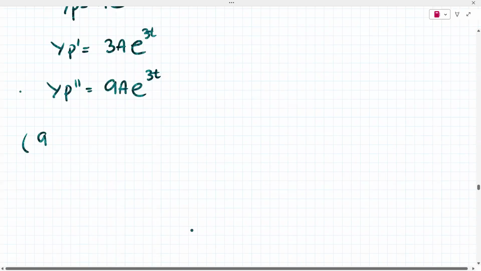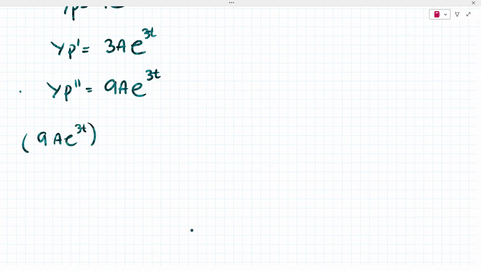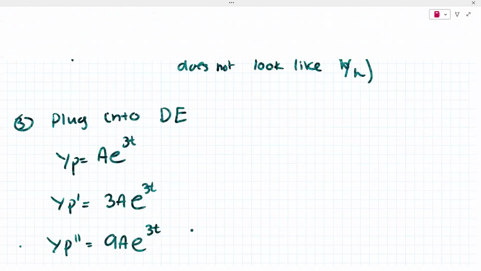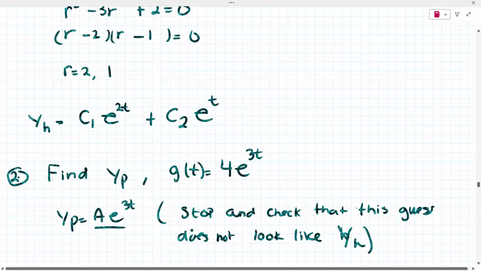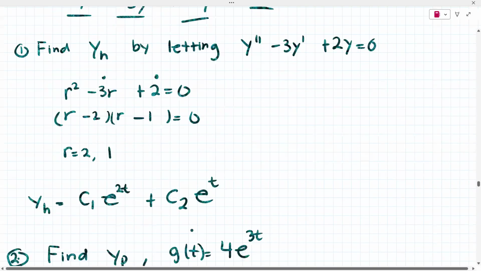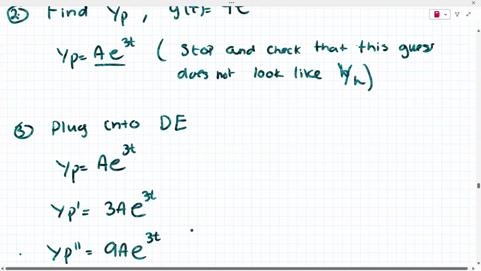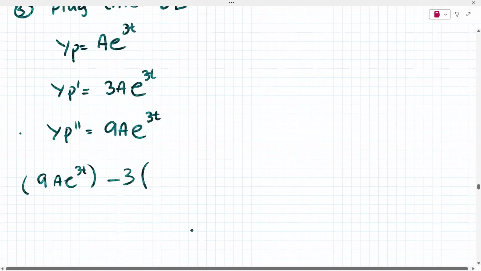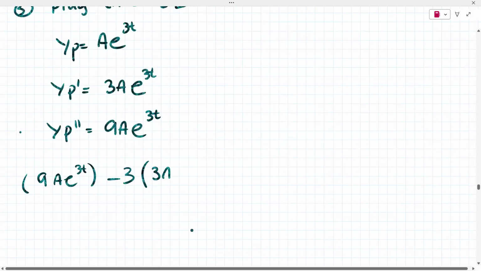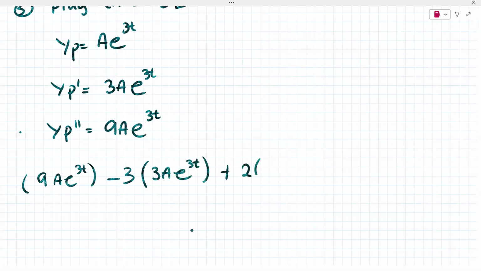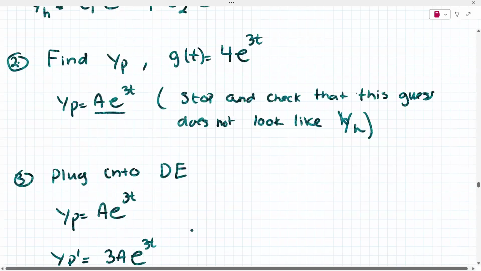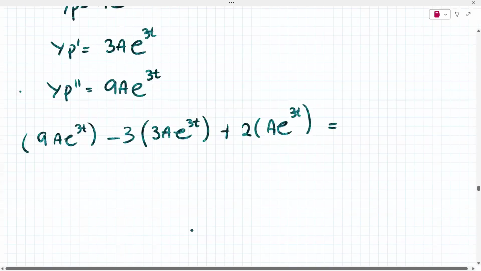Okay, so what is my y double prime? It's 9ae to the 3t minus 3 times y prime. What's my y prime? Oh, it's 3ae to the 3t. Plus 2 times ae to the 3t equals g of t, which is 4e to the 3t.